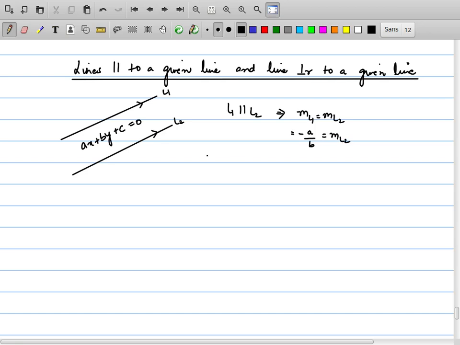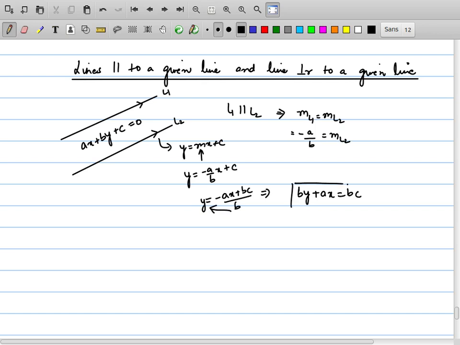Now let the equation of line L2 be y equals mx plus c. Now m is known to us because the slope of our line is the same as that of L1. Therefore y equals minus a upon b x plus c. Now if we take the LCM and rearrange, we get minus ax plus b into c upon b is y. b goes to the left side and we have by plus ax equals b into c. c is obviously unknown to us.